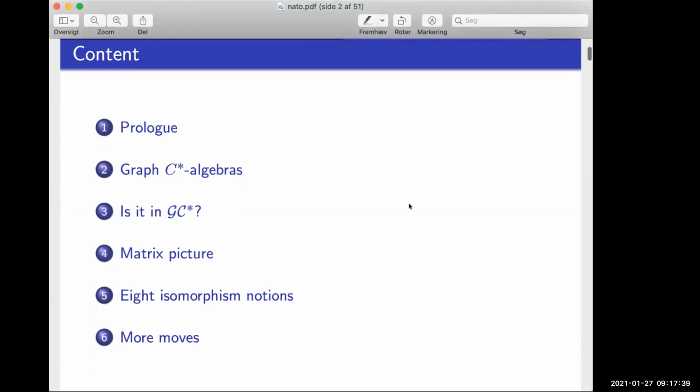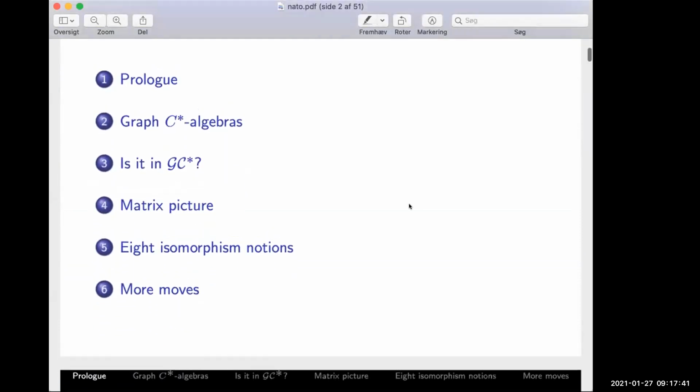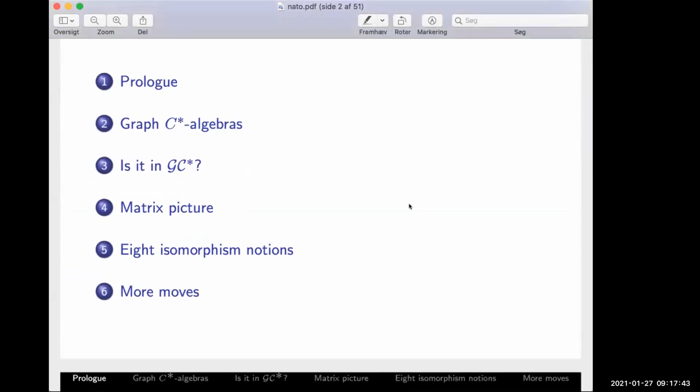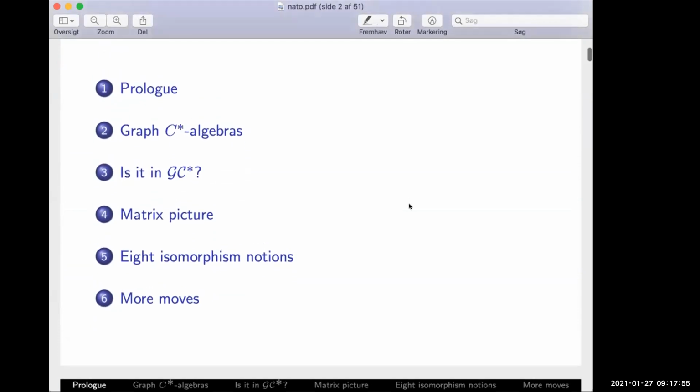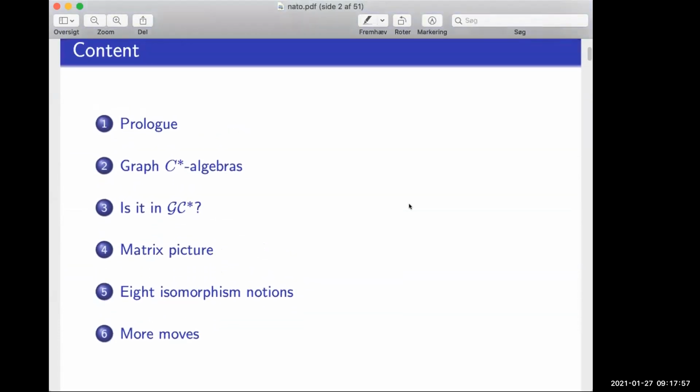So this is my program. I have a bit of a prologue to put you in the right state of mind in order to talk about classification. I want to say a few things about the Elliott program and how I would like you to think about this.